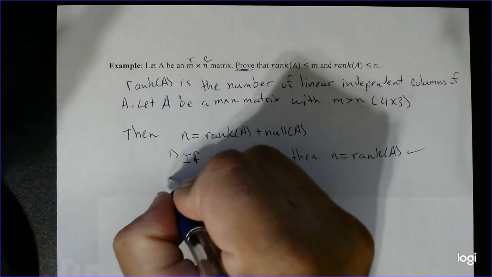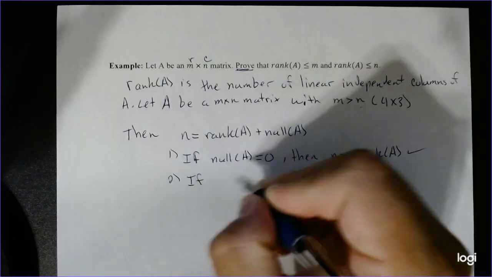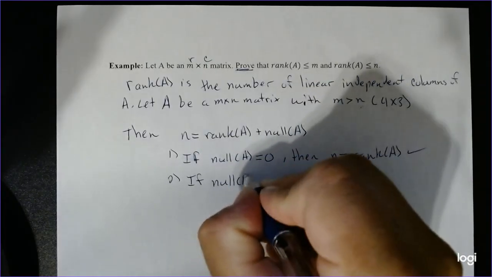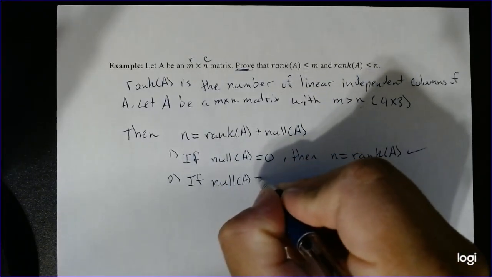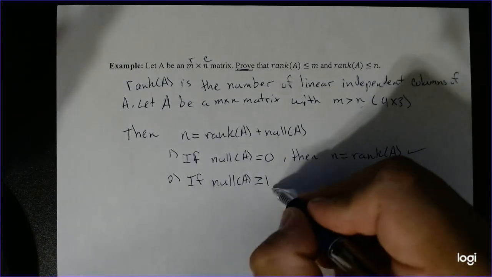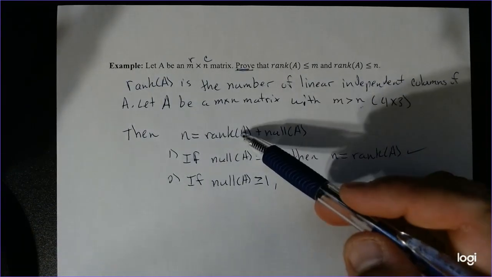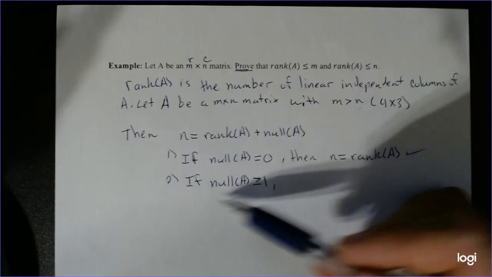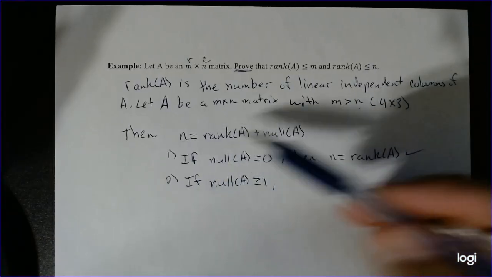Well, number 2. If the nullity of A doesn't equal 0, or is just greater than or equal to 1, well, in that case, if I just subtract this over, that means the rank is going to be less than this.